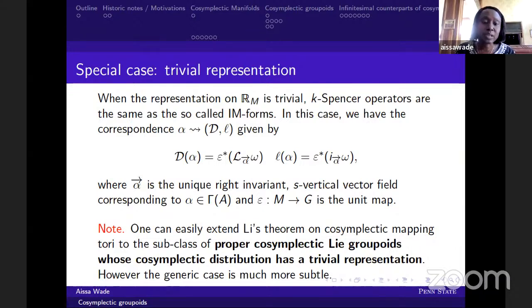But this can be done only when we restrict ourselves to the class of proper Lie groupoids. We need our Lie groupoid to be proper, and we want cosymplectic Lie groupoids coming with a trivial representation. In the case where the representation is not trivial, I have no idea how to do that. It's very subtle, it's complicated. There are some hurdles there.